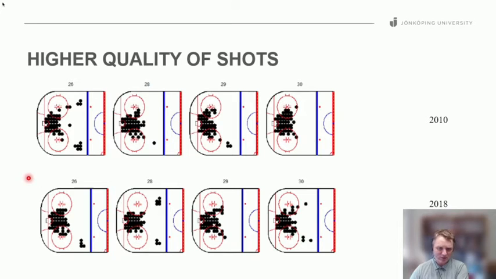And again, the picture is not that clear, but what we can see is that the shots are taken from a closer range, and in particular, they are more centered. So if we compare, for instance, this picture here to the picture here, this is a fairly common pattern.